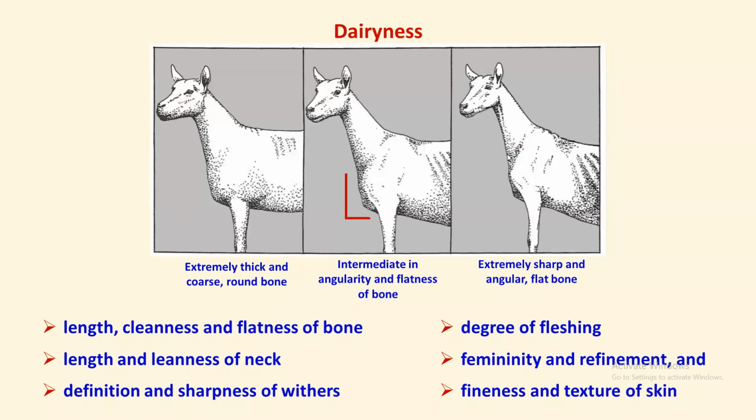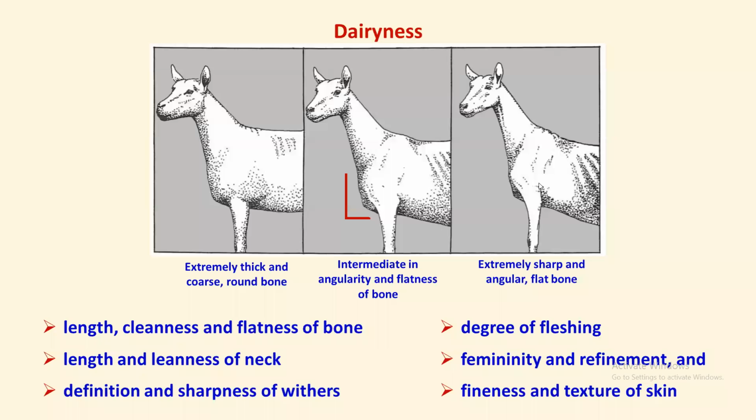The first animal has extremely thick, coarse, and round bones. You cannot palpate the bones clearly. The doe for dairiness will be the one which has sharp bone edges. You can palpate the bones nicely. The bones are flat and angular.